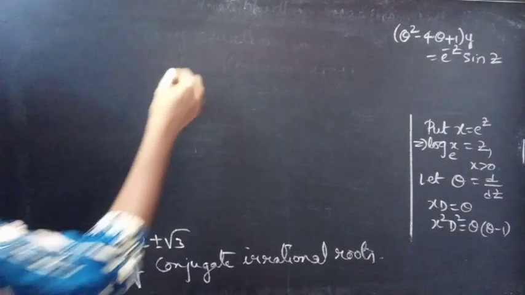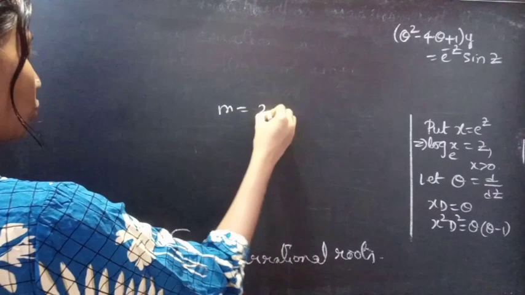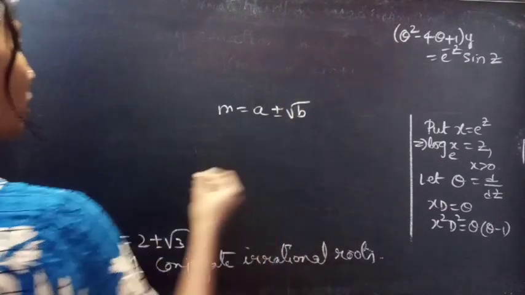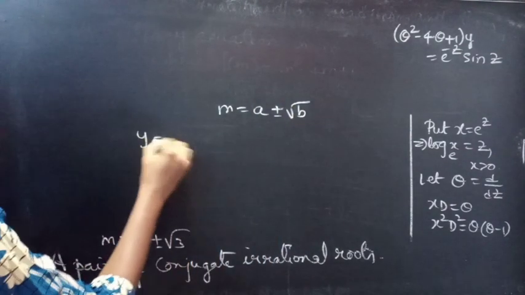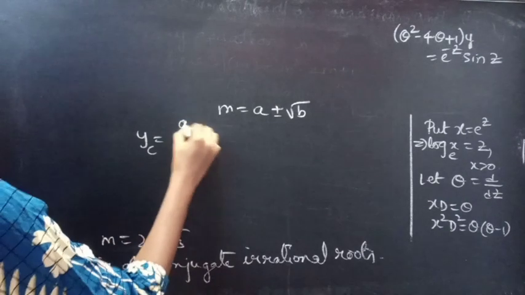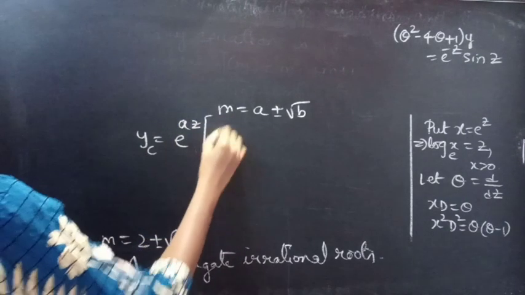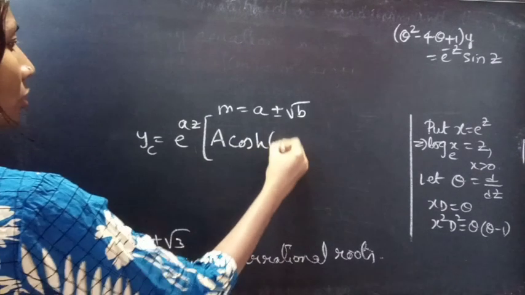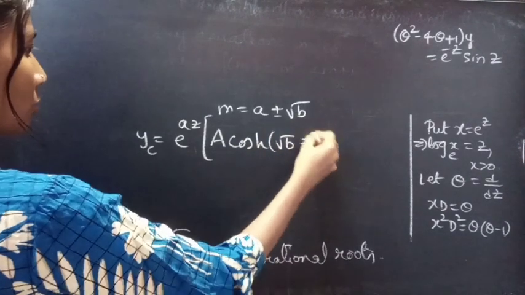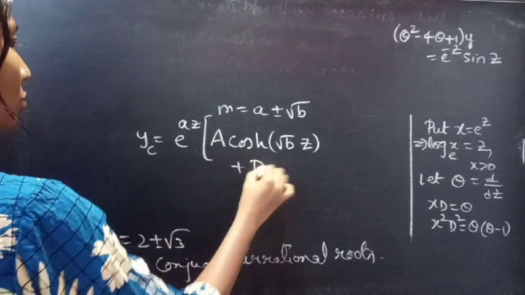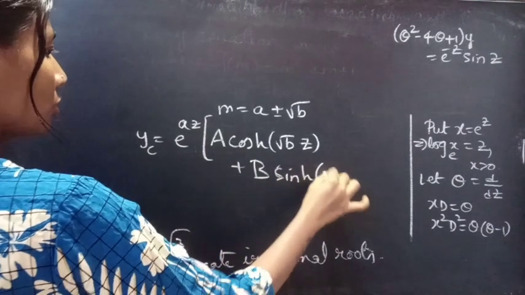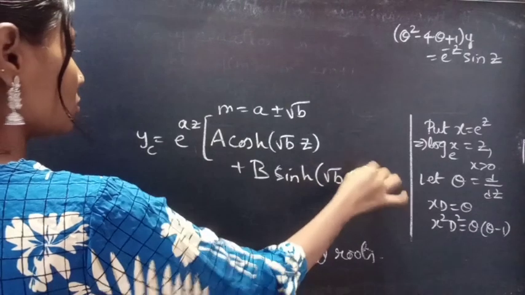We know that when m equals to a plus or minus square root of b, then yc looks like e power a into z into one constant into cosh of root b into z plus a constant into sinh of root b into z.